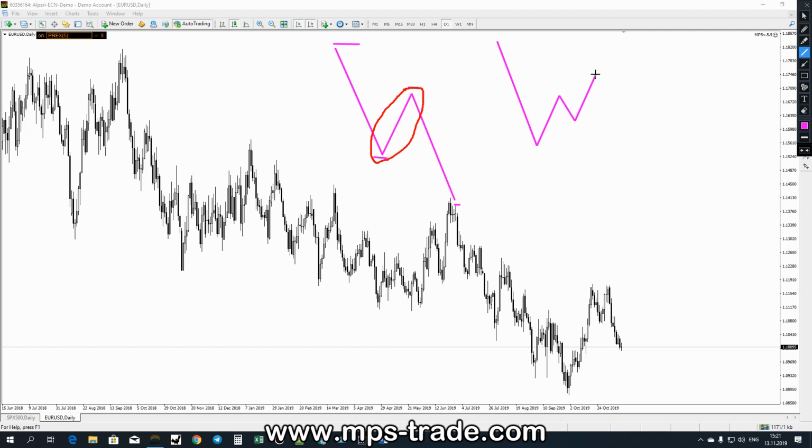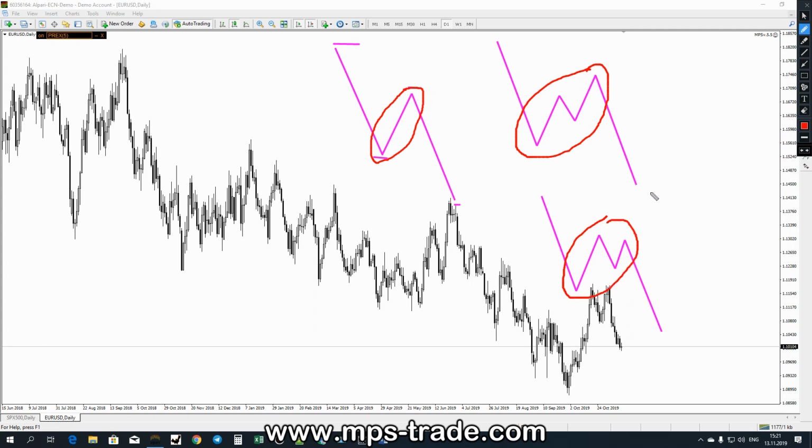So I call it a zigzag pullback, and then a trend resumes. And another pullback is a triangular pullback. So it looks this way. It does not exceed the initial move, and then the trend resumes. So these two are complex pullbacks, this one and this one.